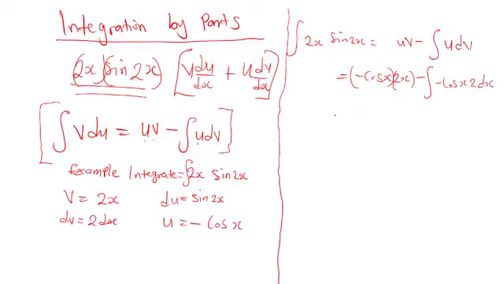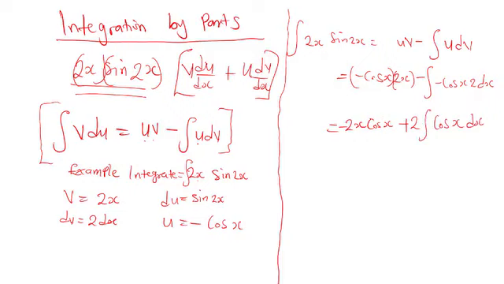So this times this, we have minus 2x cos x, minus, okay, it becomes plus because minus times minus is plus. Now we have 2 outside, the integral of cos x dx.